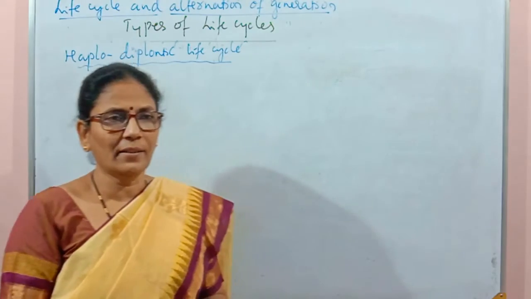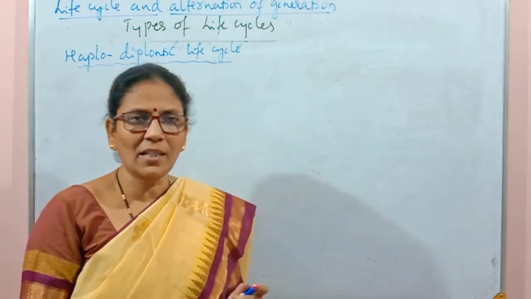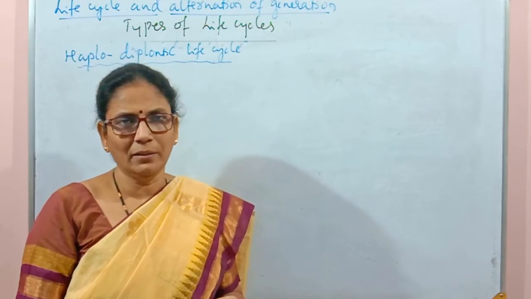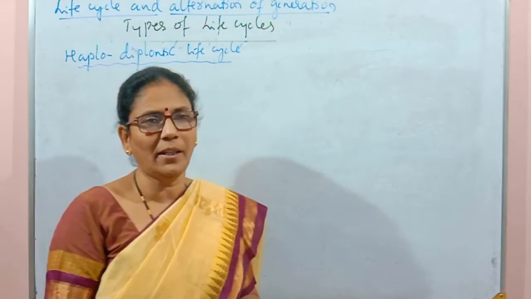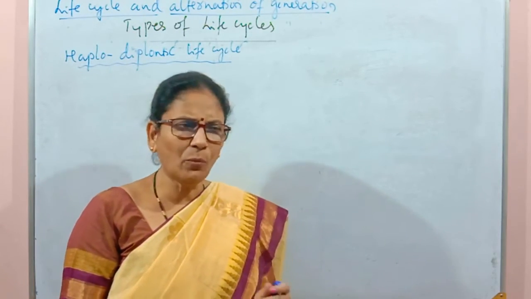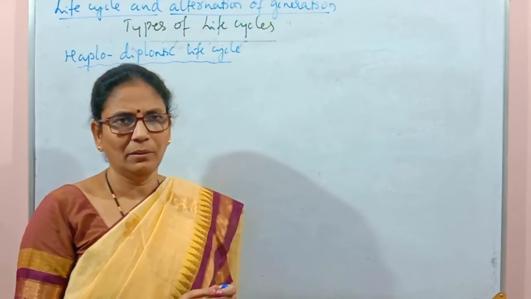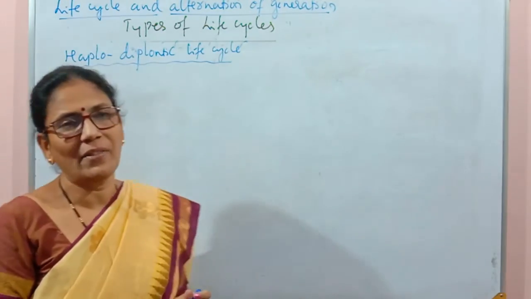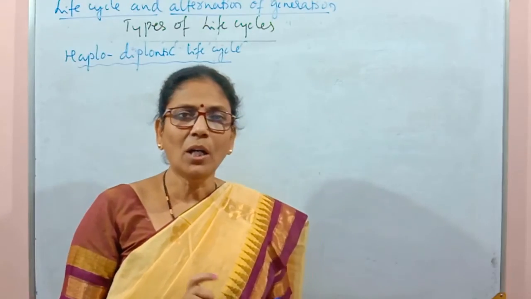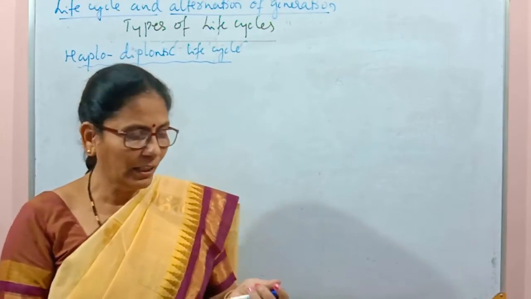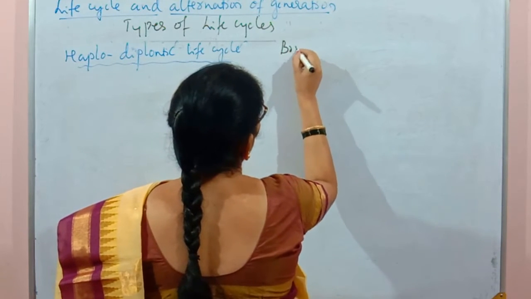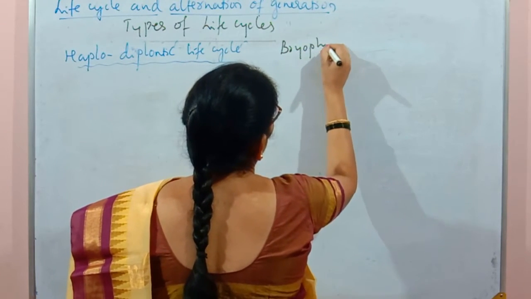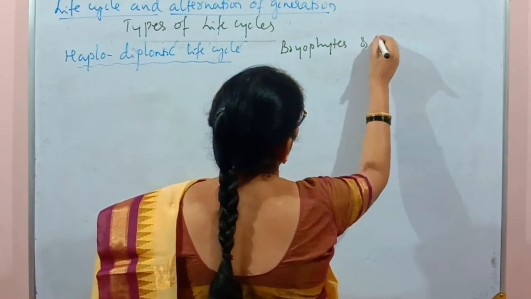In bryophytes, the haploid period is a little bit longer than the diploid period, whereas in pteridophytes, the diploid period is a little bit longer than the haploid period. But more or less they are of similar duration, and hence this life cycle is called the haplodiplontic life cycle, and we see this cycle in the bryophytes and pteridophytes.